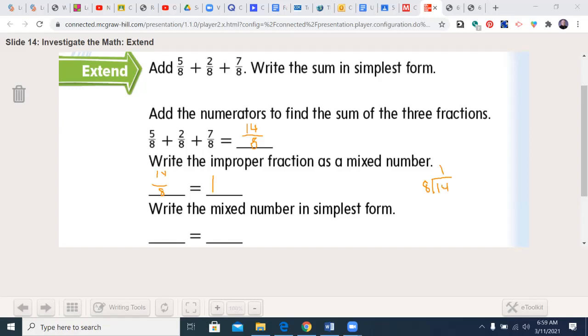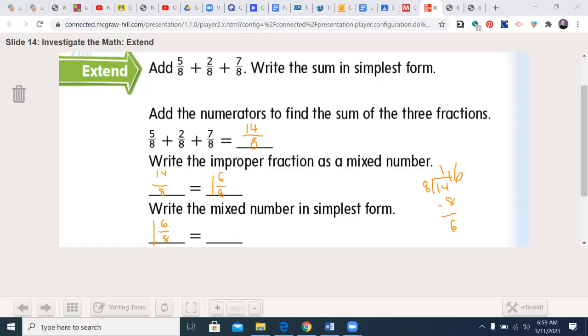So here becomes my whole number of 1. 1 times 8 is 8. I subtract, I get a 6. So my remainder of 6 becomes my numerator. And my divisor becomes my denominator. Notice it stays the 8. I have 1 6/8.